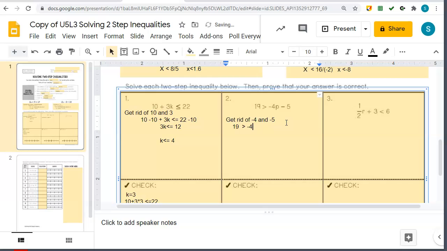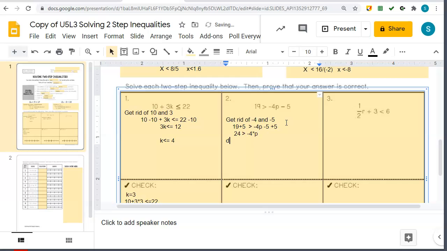Then I'm going to add 5 to both sides. That is the opposite thing, the thing that will get rid of that negative 5, that'll cancel it out. But if I add 5 there, I have to add 5 here. Alright, so that means we get 24 is greater than negative 4 times p.